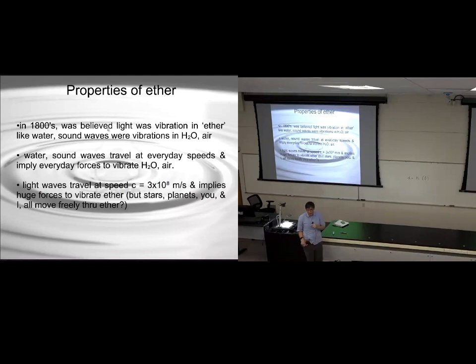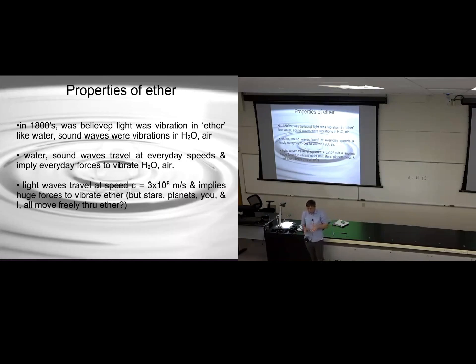An interesting and very puzzling thing about ether had to do with the speed of light waves compared to the speed of, say, water waves or sound waves, and the implications for the nature of ether, the properties of ether.